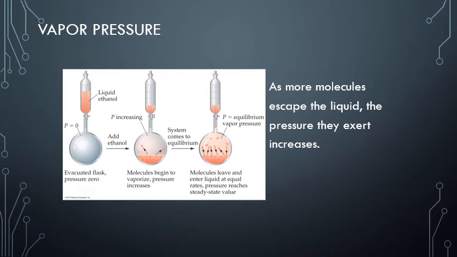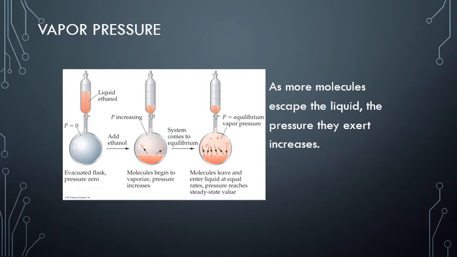At that point, when the system has reached equilibrium, which is what we call the equilibrium vapor pressure, the number of arrows, if you notice, going from the liquid into the gaseous phase is going to be identical to the number of arrows pointing from the gaseous phase back down into the liquid.